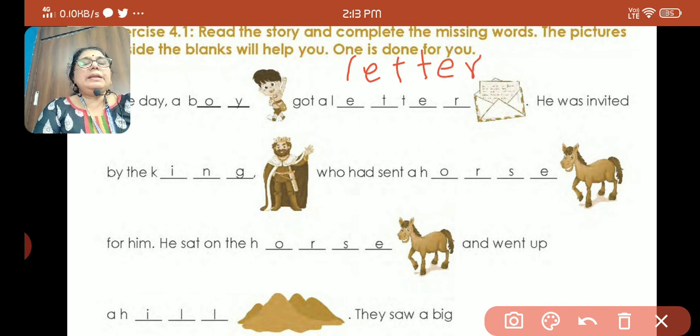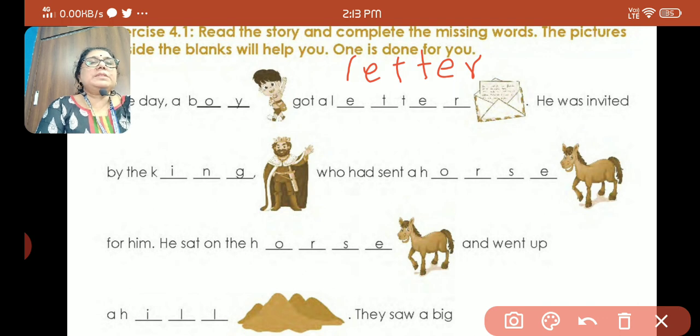Letter. So this is the spelling of this. So L is already there, so you have to write in each blank E, then T, then another T is already there, E and R. Got it, children? Then there's a full stop.